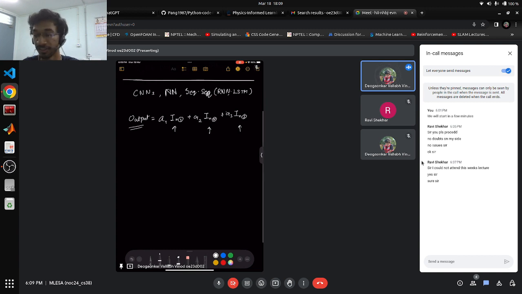So when I'm trying to find these coefficients, the goal of my machine learning model is to learn how the output depends on these input features.